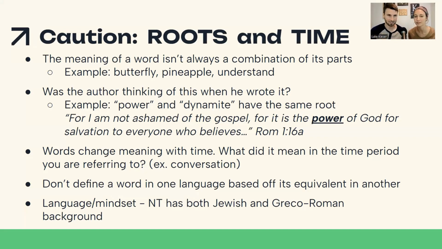So the first one here is that the meaning of a word isn't always a combination of its parts. So I'm hearing like compound words here, like doghouse is a house for a dog. Yeah. But not all words work like that. Like butterfly is not butter fly. And pineapple doesn't come from pine trees.